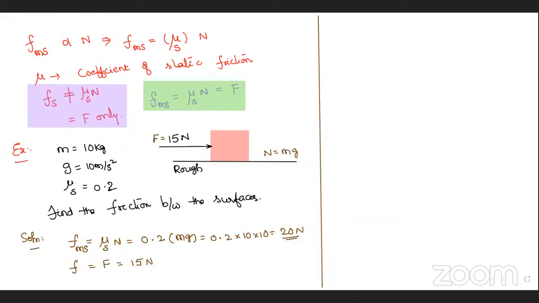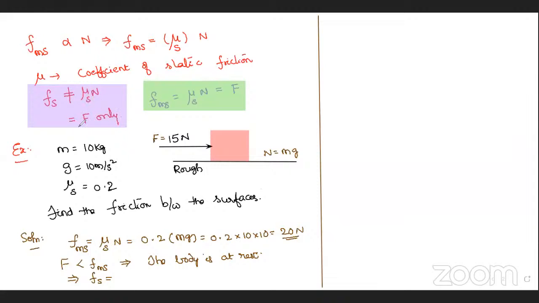Look, F is less than 20. F is less than FMS, which means the body is at rest. At rest, I have to say the static friction is always not equal to mu s into N; it is always equal to the applied force only.